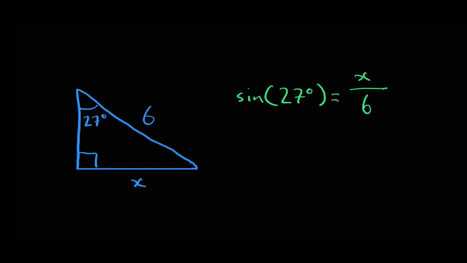And we can very easily just rearrange this to find x. So 6 sine 27 equals x, which we just get from multiplying both sides by 6. And if you put that into your calculator, x is around about 2.72, approximately.